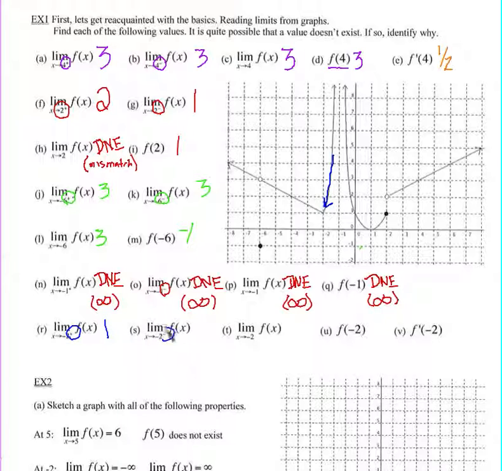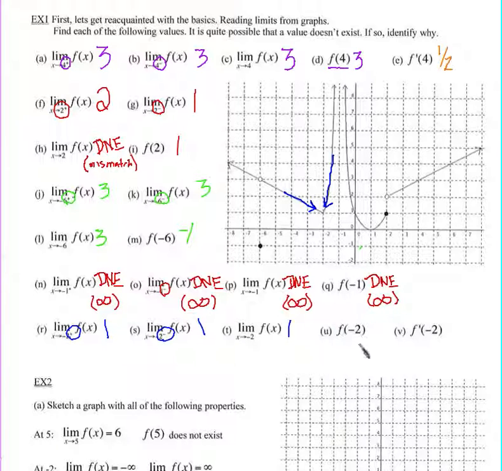As we come from the left-hand side, the value of the function is approaching 1 again. The limit of the function as we approach negative 2, regardless of whether we come from the left or the right, because the left limit and the right limit match up, it is 1.